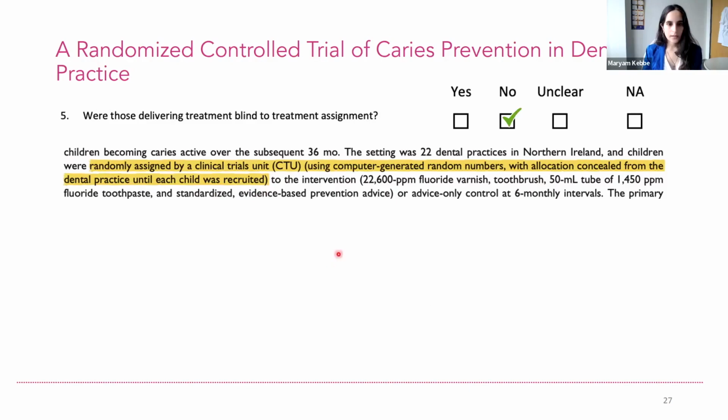So in this case, that would be a no, because this is referring to allocation concealment as opposed to masking. And if you recall, allocation concealment is referring to masking the sequence allocation up to the point of randomization, which is what this is referring to, compared to masking for the duration of the study, which was not done in this case.